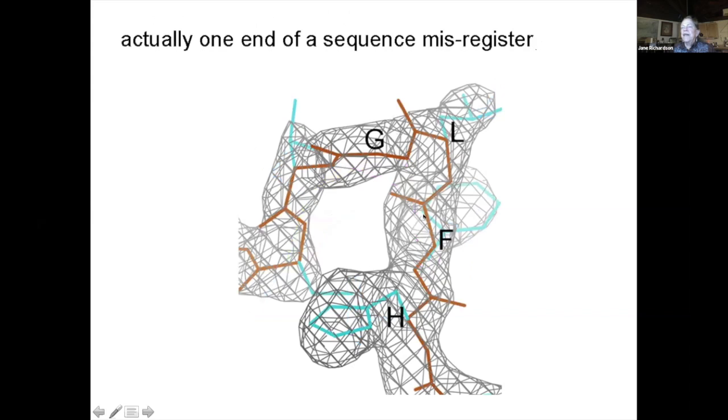And so they're not great at flagging these things. But this turns out to be one end of a sequence misregister. And so this strand had to move up in order to put the leucine in here. And with it fit this way, then there are no outliers.